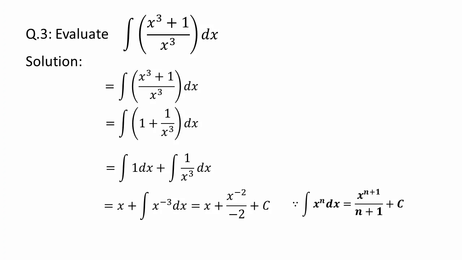So integration of x power minus 3 is equal to x plus x power minus 2 by minus 2 plus c, by using the power rule, x power n dx is equal to x power n plus 1 divided by n plus 1 plus c. So we can write x minus 1 over 2x square plus c.